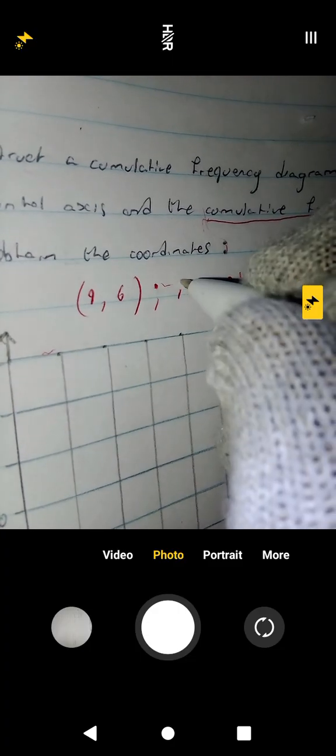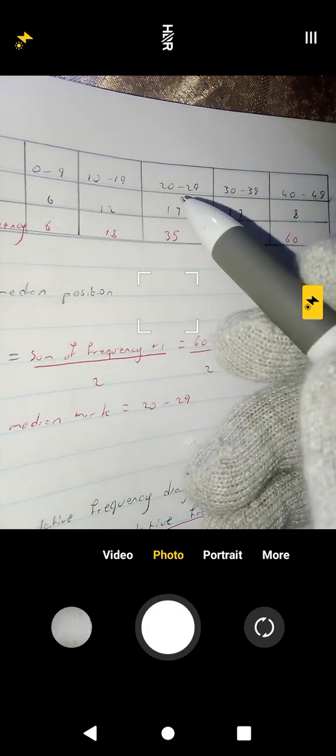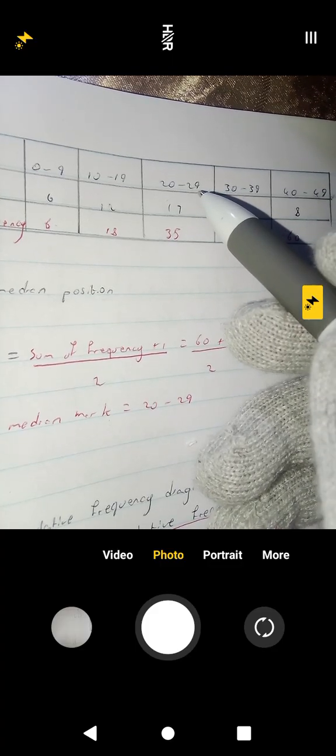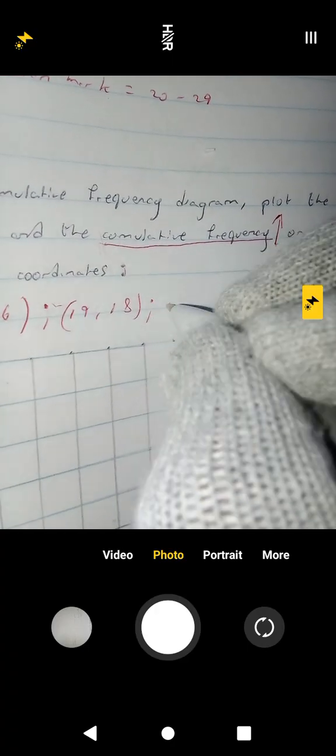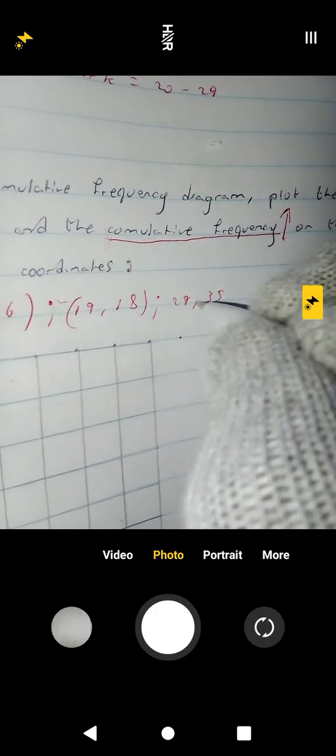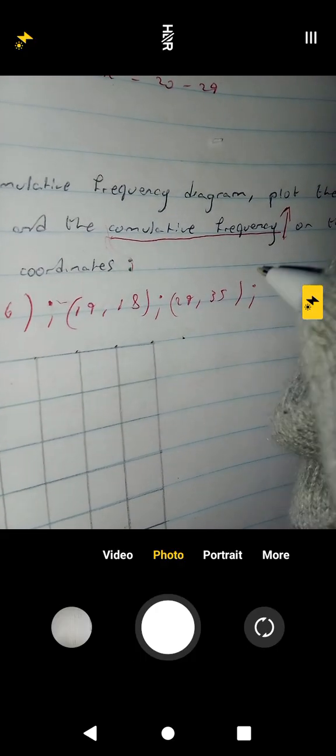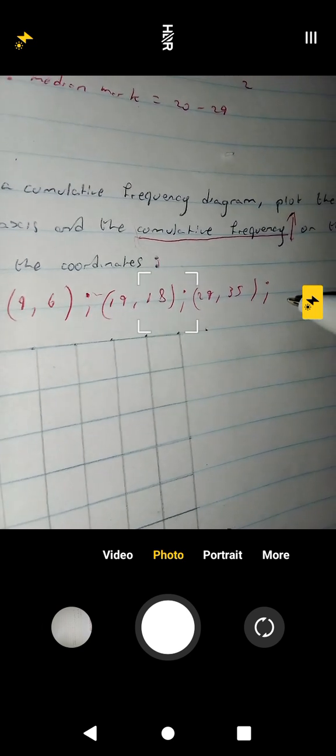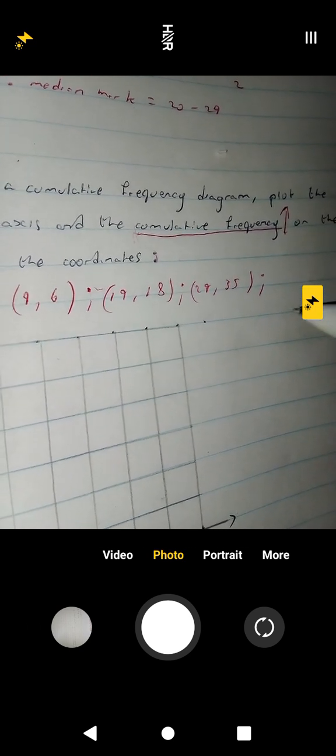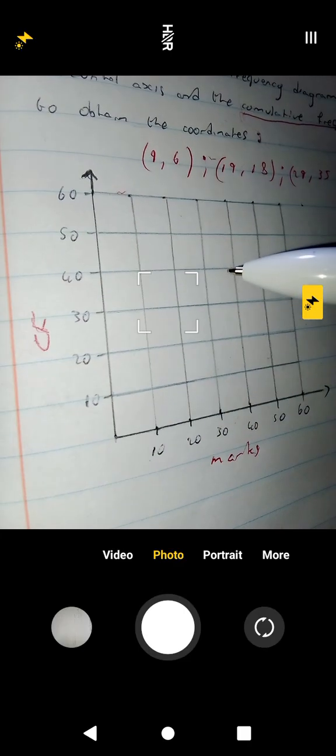So we have 19,18, and then we have 29,35. So please write down all the ordered pairs, and then we shall plot them on our cumulative frequency diagram.